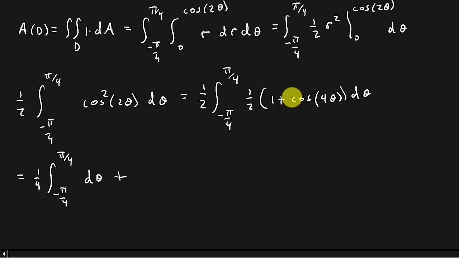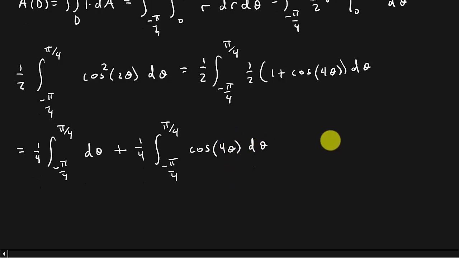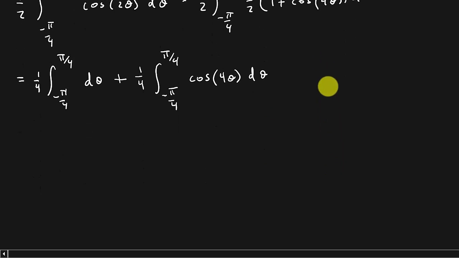And then plus, the 1/2 is on this cosine also. So 1/2 and 1/2, that's 1/4. Negative pi over 4 to pi over 4 of cosine 4 theta d theta.